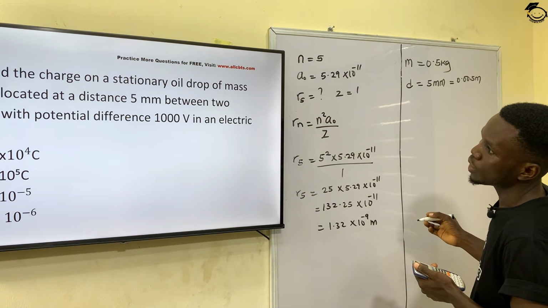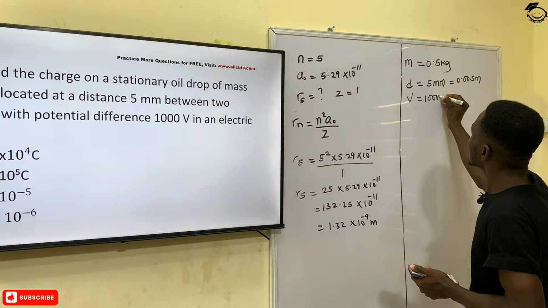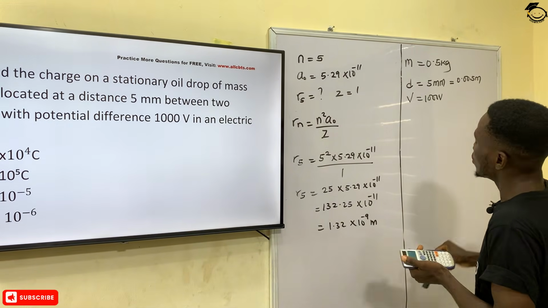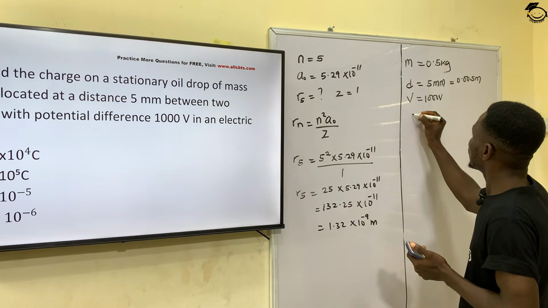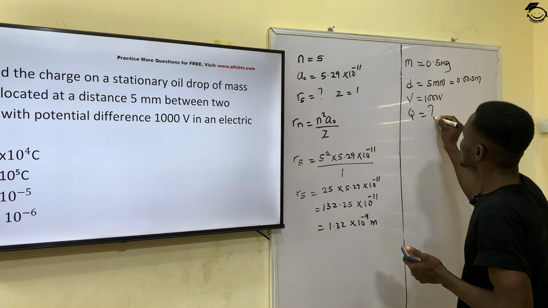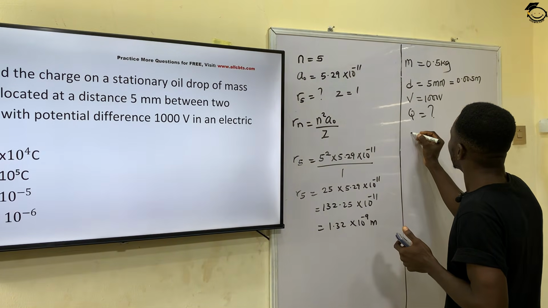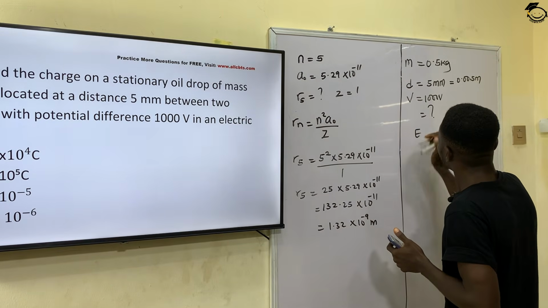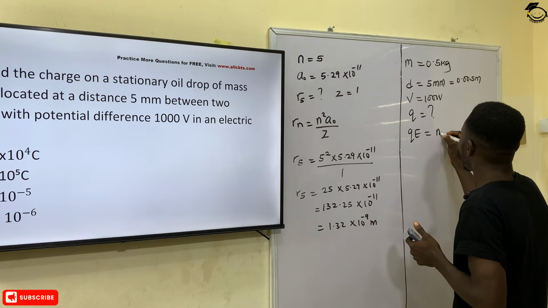Between two plates with potential difference, they gave us the potential difference V as 1000 volts in an electric field. So the question is find the charge. So we do not know the charge. Q is unknown. But we know that our QE is equal to mg.